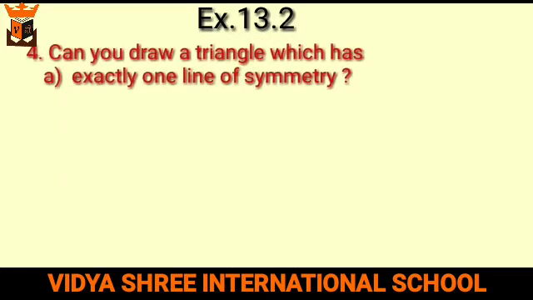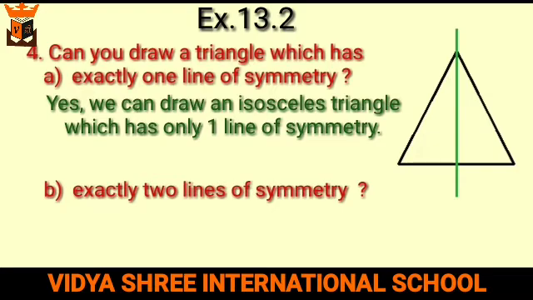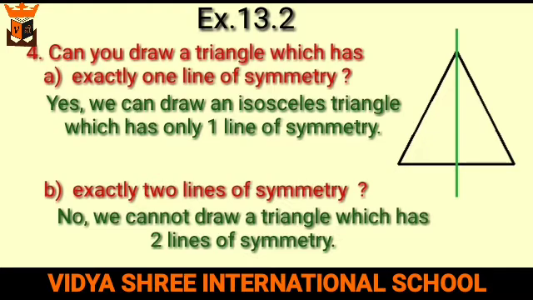Question number 4 is, can you draw a triangle which has exactly 1 line of symmetry? Yes, we can draw an isosceles triangle which has only 1 line of symmetry. B part is, can you draw a triangle which has exactly 2 lines of symmetry? No, we cannot draw a triangle which has 2 lines of symmetry.